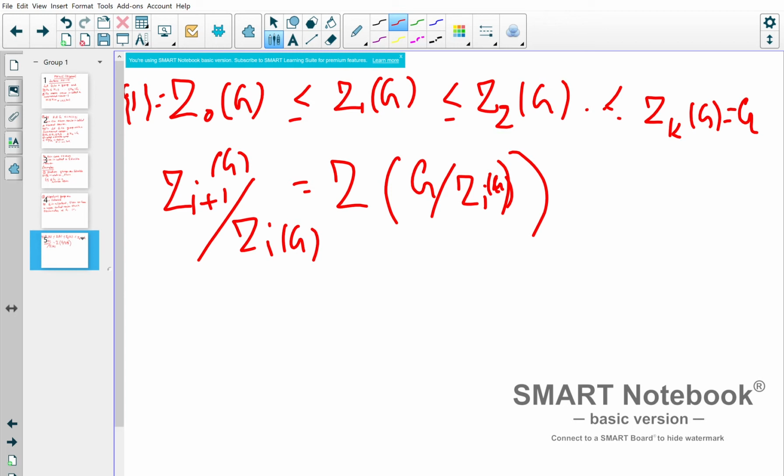So you see this quotient group Zi plus 1(G) mod Zi(G) is actually the center of another group.